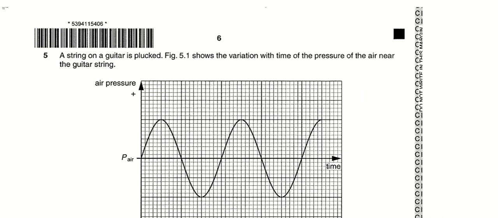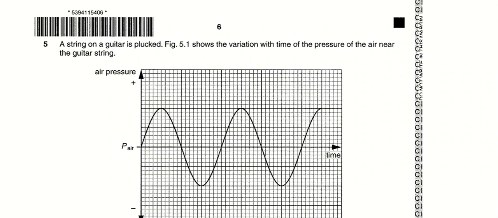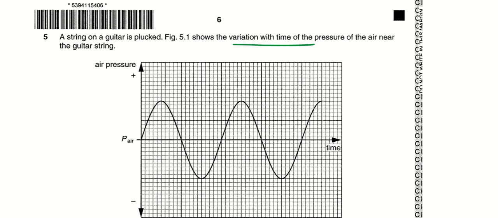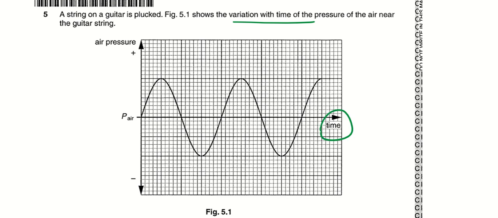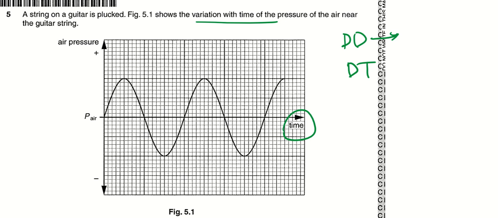Now question 5, a string on a guitar is plucked. It shows the variation with time of the pressure of the air near the guitar string. So this is time. So later on, I'm only able to get things like period. I cannot get wavelength. So this is a slight variation from our DD and DT graph. Just to recap, what is a DD graph?